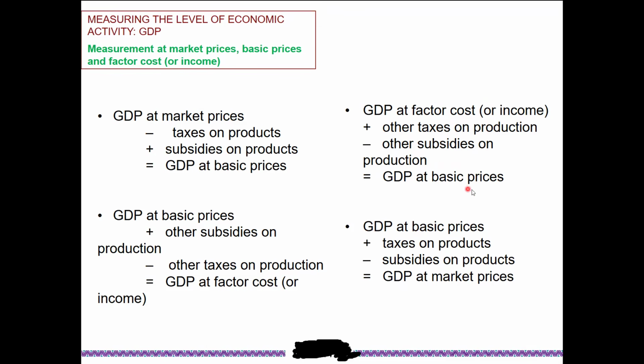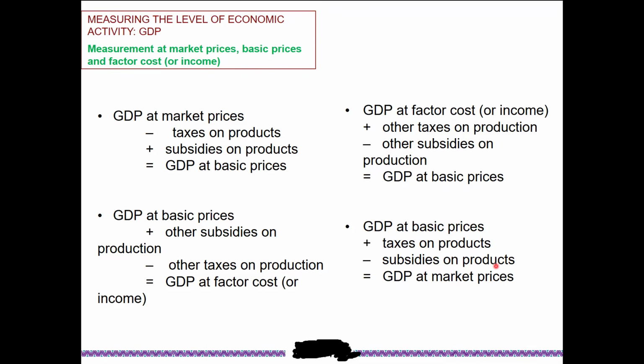So basic prices, why? Because these prices do not include any taxes and subsidies, right? So now these goods leave the factory to the shops, right? And when they get to the shop, they are at basic prices. Then the shops, they do what? They add taxes on these products and minus subsidies on these products if some of the products are subsidized.